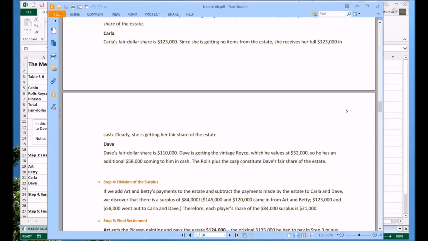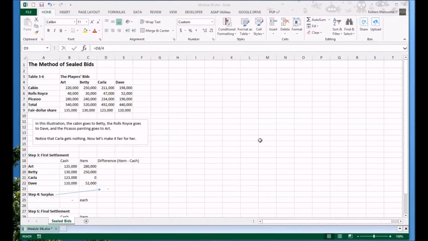How do we calculate all that? For Art, the difference will be 280,000 minus the cash share. I do the same for everybody. Betty's difference is 120,000. Carla will be receiving 123,000. And Dave will receive 58,000.